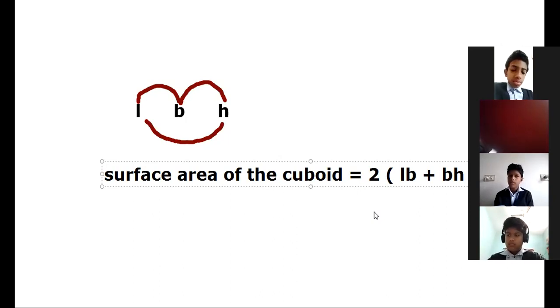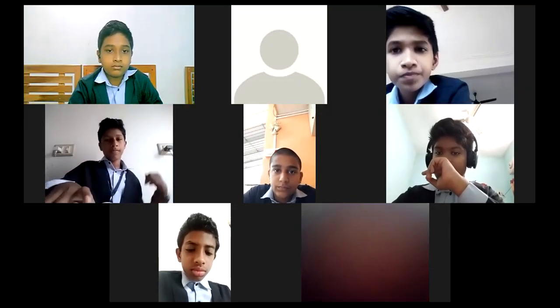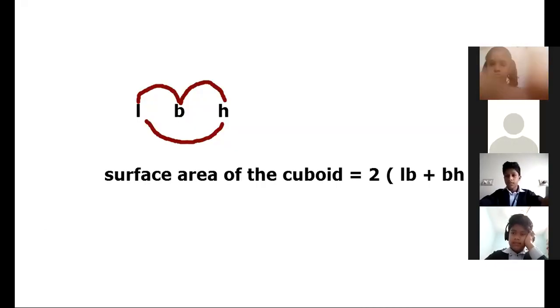Find the surface area of the cuboid. Wait. You have to write it after leaving a page. You can write this. Example 1.